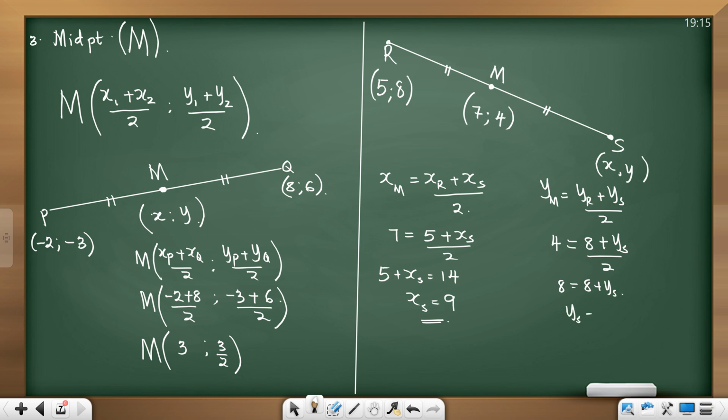What is the Y value of S? 0. So S is (9, 0). Let me know if we are on the same page with that. We're all on the same page.